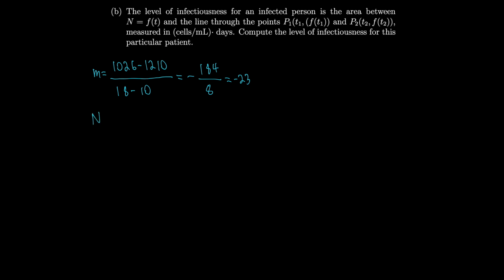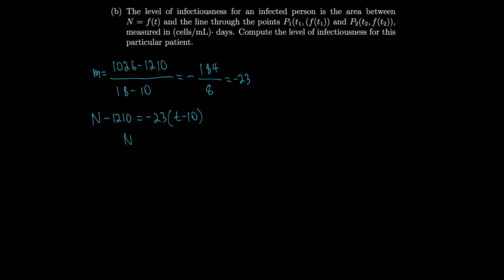Therefore, the equation of our line, we can do y minus y1 equals m times x minus x1 to write this thing in point slope form. We can pick one of the points. How about 1210, where t was equal to 10, so that we get n minus 1210 equals our slope, negative 23, times t minus 10.